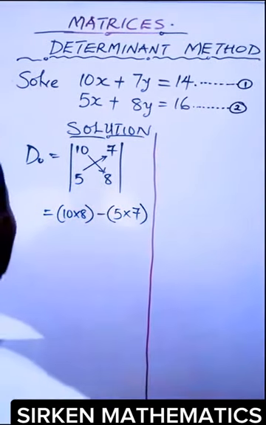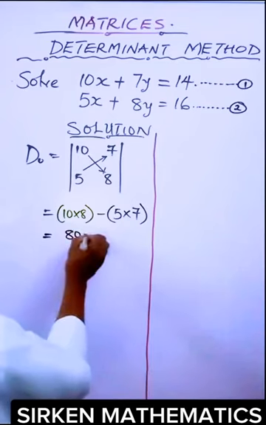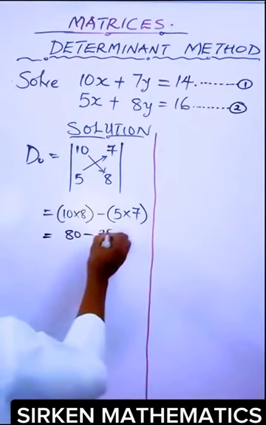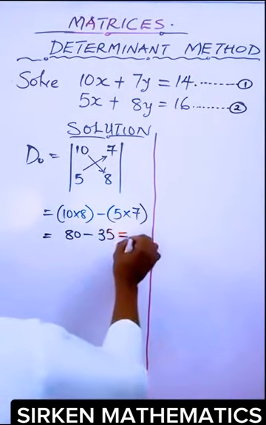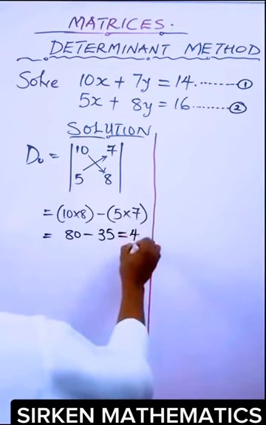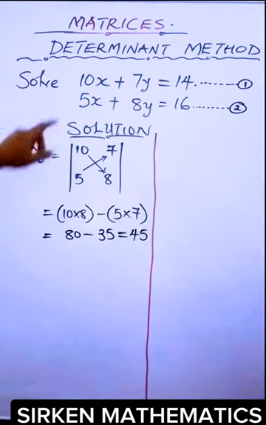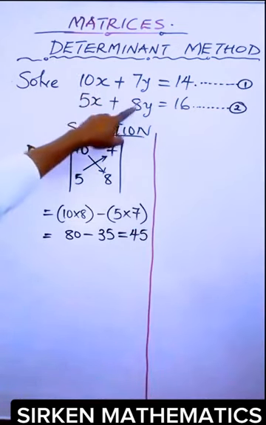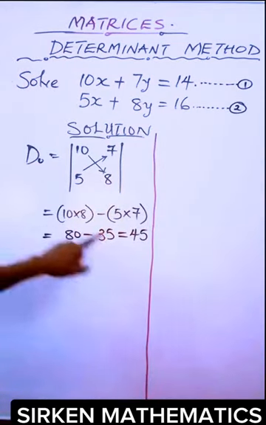And this will give me 80 minus 35, and that would be 45. So, using the coefficients of the unknowns, my initial determinant will be 45.